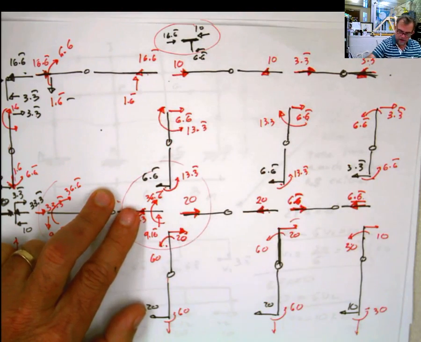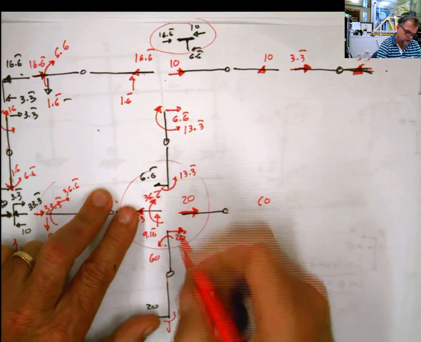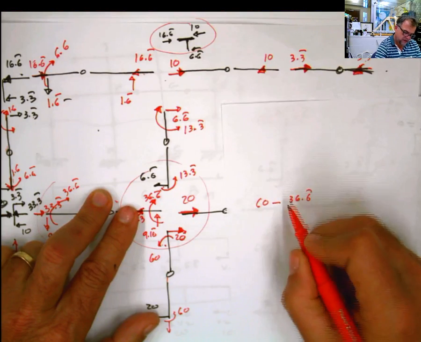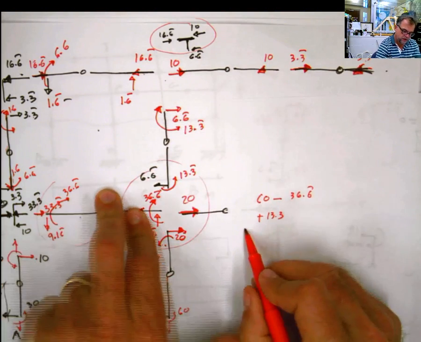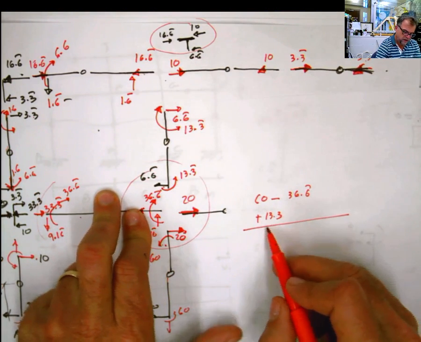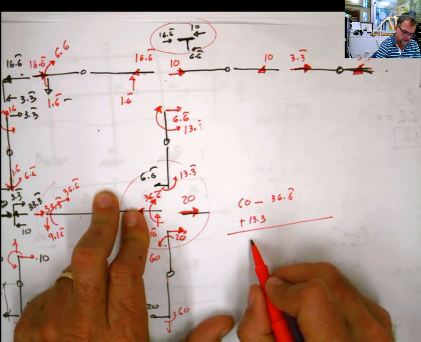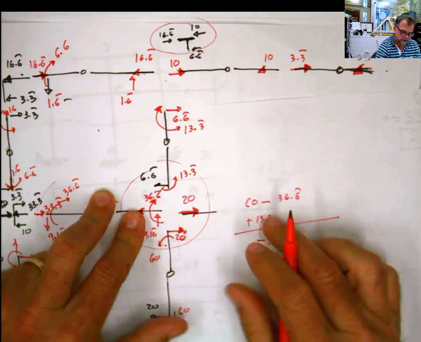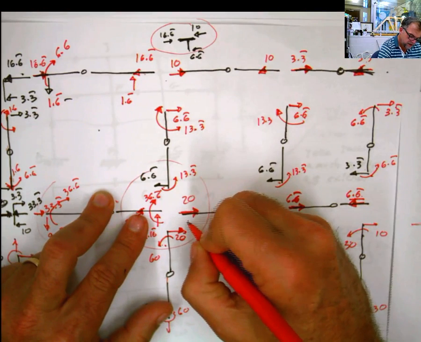No, not here, here. That is already a mess. So this is going to be 60, and this is going to be minus 36.6 plus 13.3. How much is this? This is 40, 73.3 minus 36.6. Oh, half. Okay. Negative 36.6. So that means that I need another 36.6 in this direction.